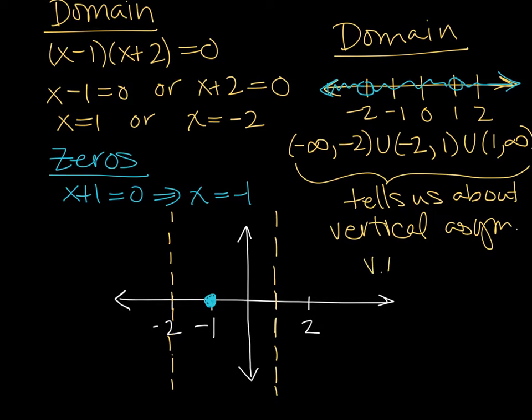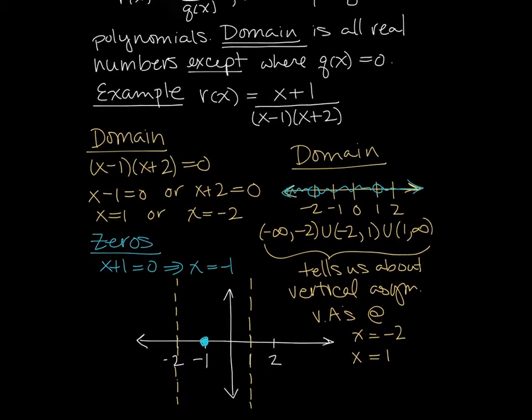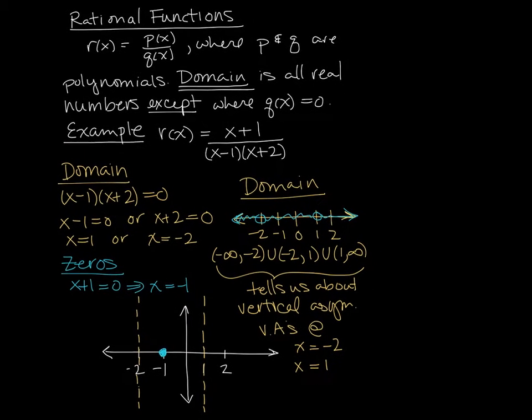So there are vertical asymptotes at x equals -2 and x equals 1. So precisely those values which we excluded from the domain. And so that completes our very short, brief introduction to rational functions.